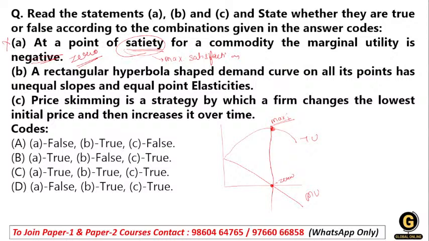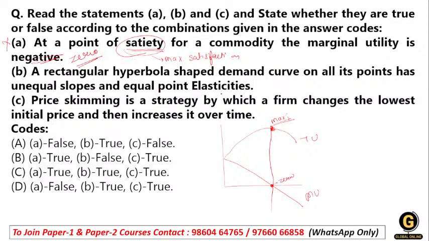Now statement number 2: a rectangular hyperbolic shaped demand curve on all its points has unequal slope and equal point elasticity. What do you think the right answer is?